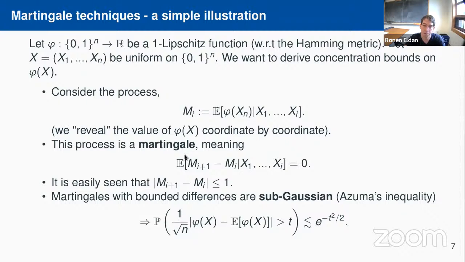Now, we have a process which is both a martingale, and the differences are at most 1. Let's suppose for a second that the differences would be exactly equal to 1. Then this process would actually have a name. It would be called the simple random walk. That's the only process which is unbiased and has differences exactly 1. So the process we are looking at is in some sense dominated by the simple random walk.